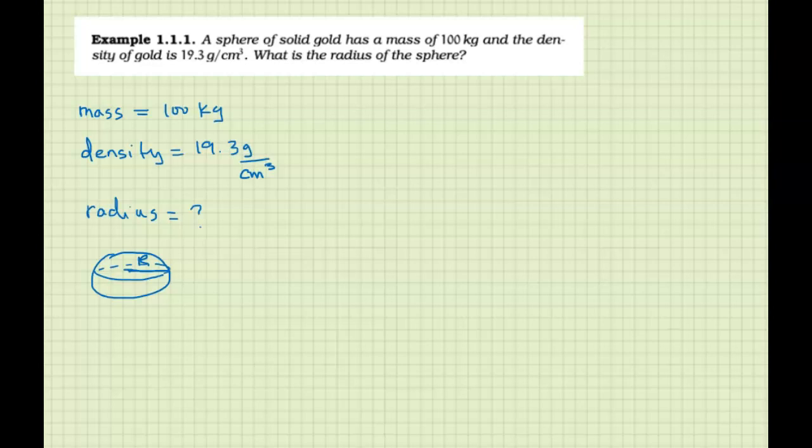Okay, so we need some formulas. First of all, look up the formula for density. Density equals mass over volume. Sometimes you can infer the formula by looking at the units. The density is 19.3 grams per centimeter cubed.